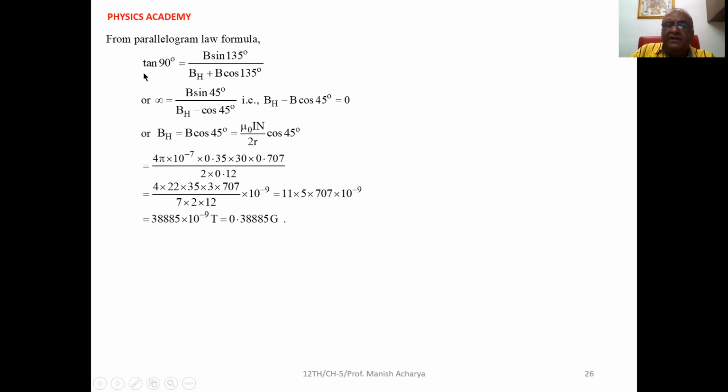So tan alpha, the angle made by the resultant field with respect to the field B. So tan alpha here, alpha is 90, that is equal to B sine theta, theta is the angle between B and BH, means both the fields, upon BH plus B cos 135.